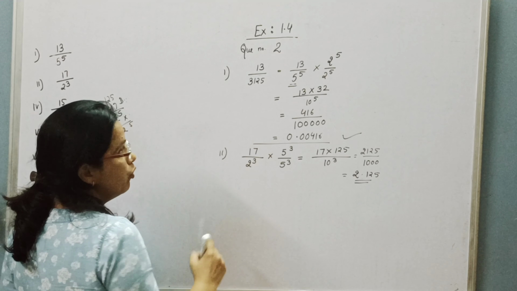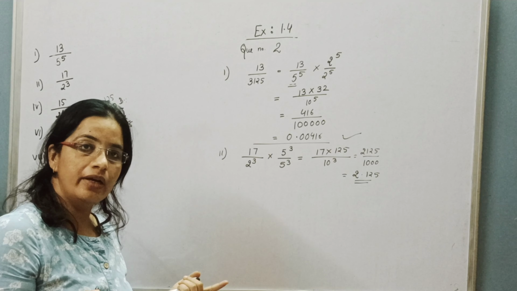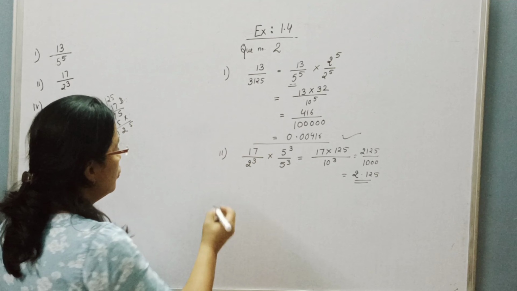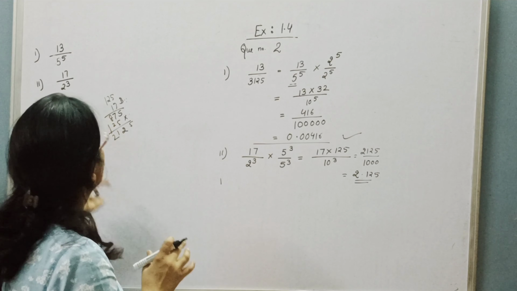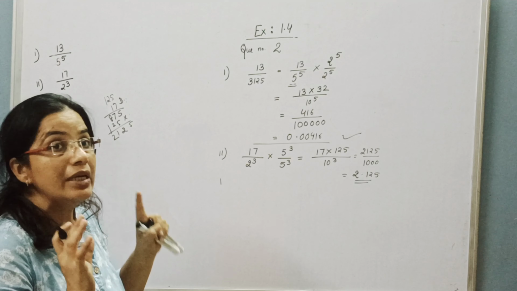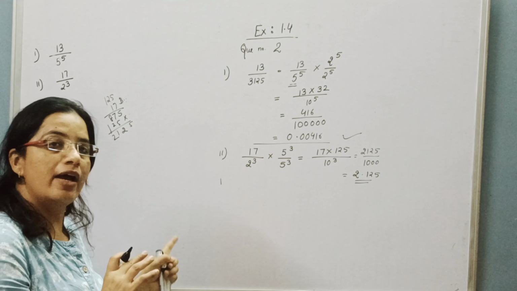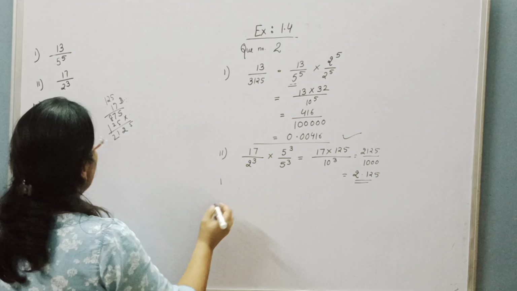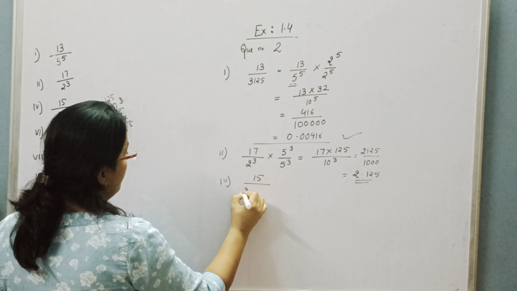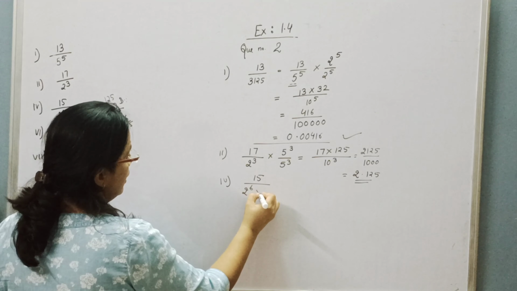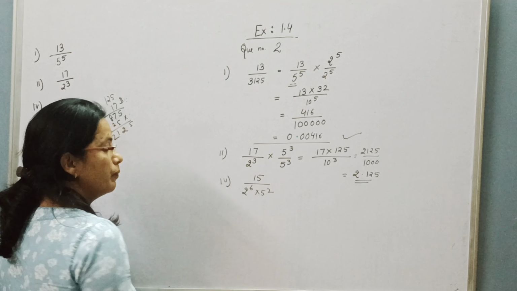Okay, the third part was a non-terminating repeating decimal expansion. So we will not do that, because only those parts that have terminating decimal expansion have to be solved. Now part number 4 was 15 upon 2 raised to power 6 into 5 raised to power 2.